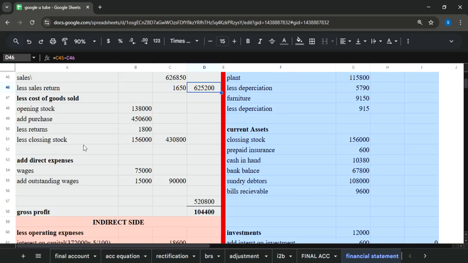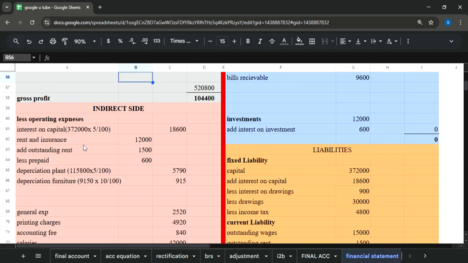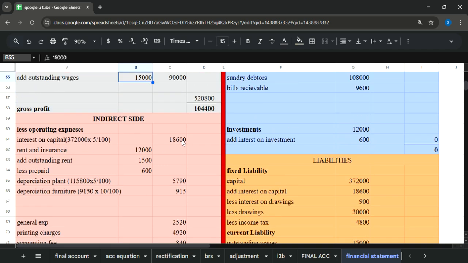We will now be focusing upon our indirect side. Interest on capital is directly written, and here you will calculate the net amount of rent and insurance. This was the total amount where you will have to add outstanding and then prepaid 600 will be subtracted, sorted out.